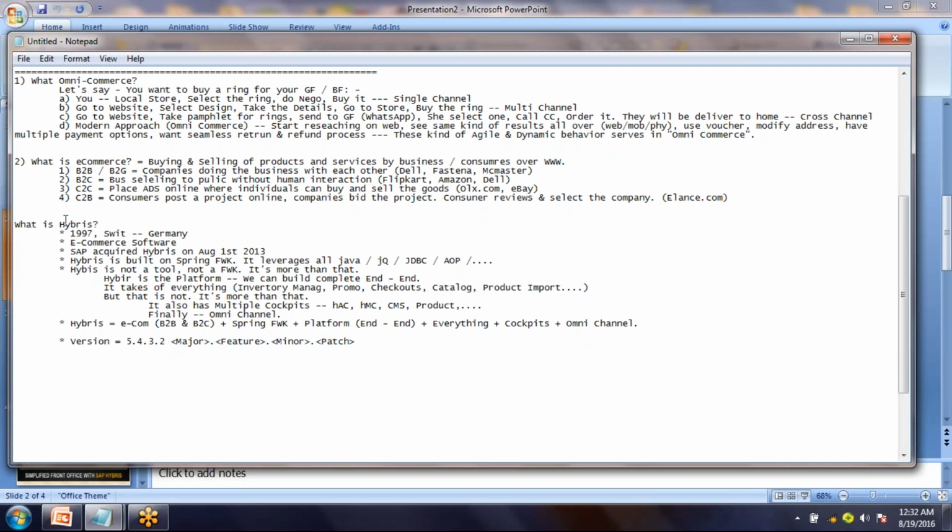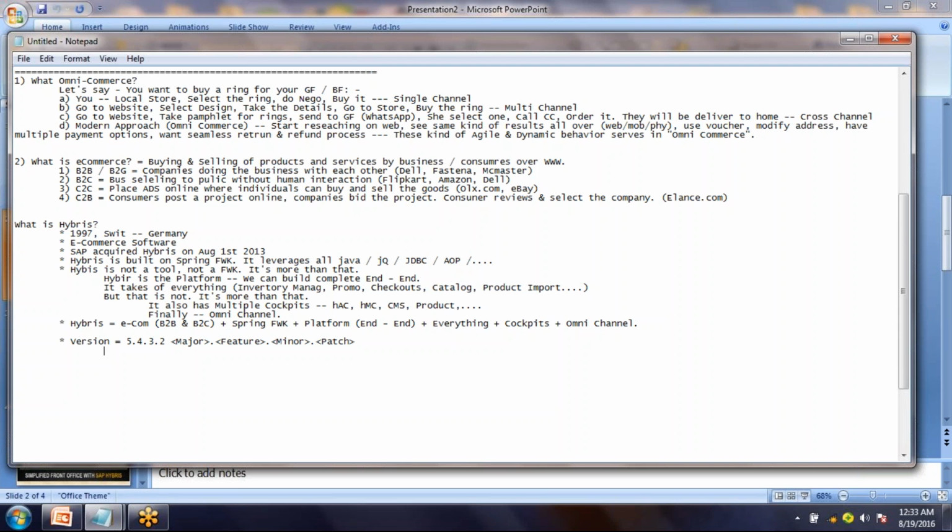So if you look here, 5 is the major version, 4 is the feature, 3 is the minor and 2 is the patch.